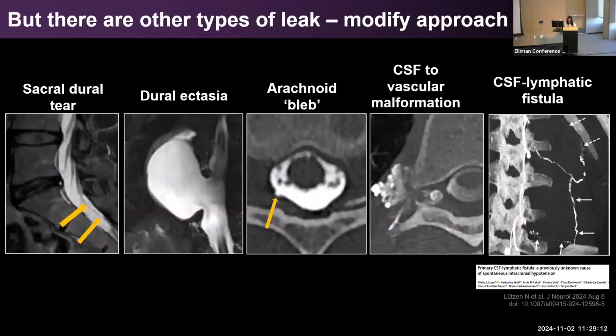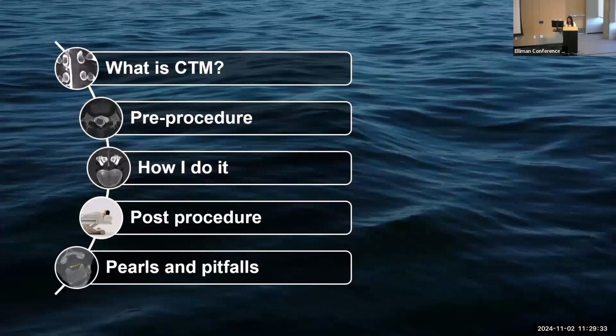But there are other types of leak. We just heard about these sacral dural tears. I wasn't picking up many of these. And after Dr. Lutzen's paper on sacral dural tears, we started to see a lot more of these. But there are also other types of leak, including dural ectasia leaks, arachnoid blebs, and we've just heard about this new leak that just came out, CSF to lymphatic fistula as well.